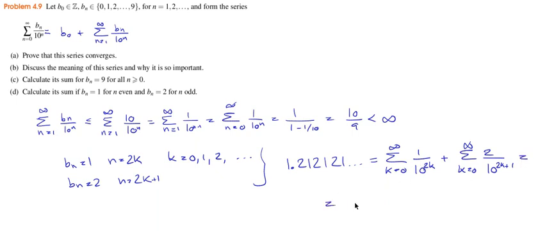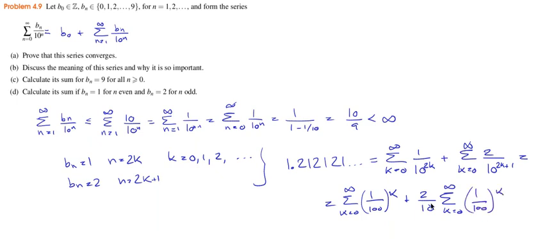And so this is the sum from k equals 0 to infinity of 1/100th to the k, and then we have 2 and an extra 10 here, times the same sum from k equals 0 to infinity of 1/100th to the k. So this is 1 plus 1/5, times this sum, which is 1 divided by 1 minus 1 over 100.